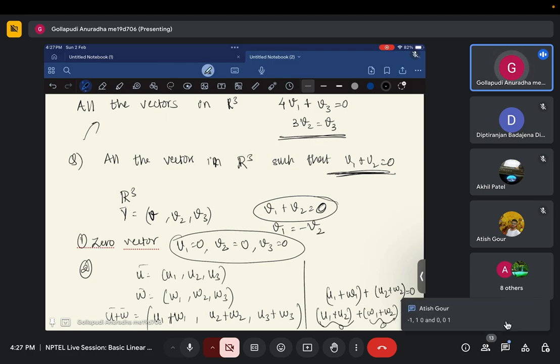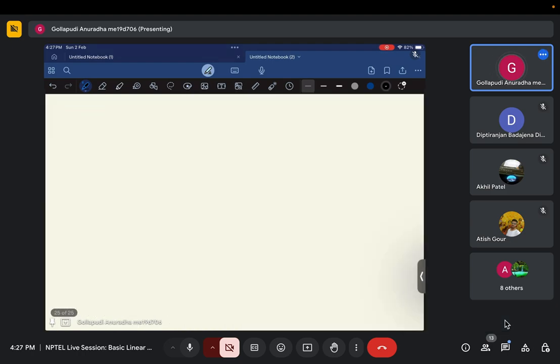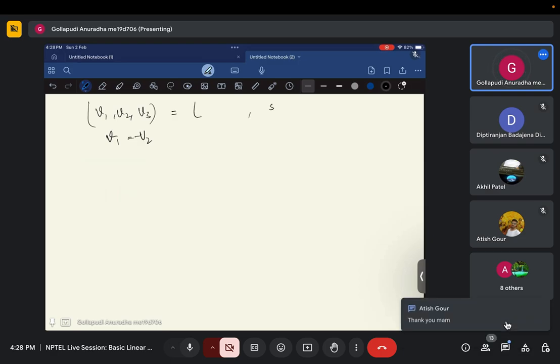Yeah, someone answered the basis as -1 1 0 and 0 0 1. That is correct. Why? Because with the constraint, I can write the vector in this way.